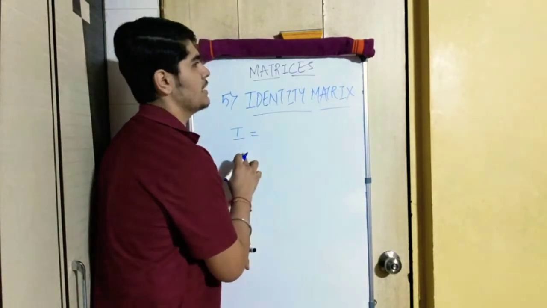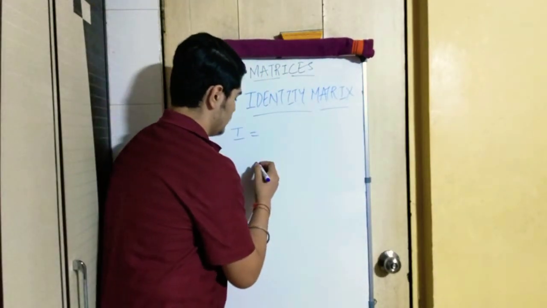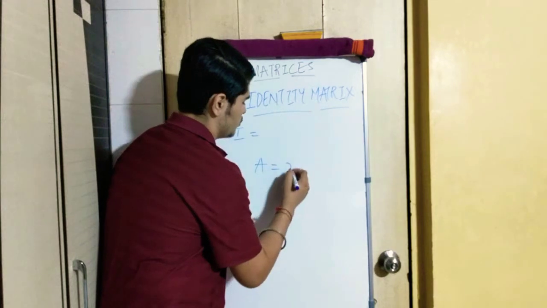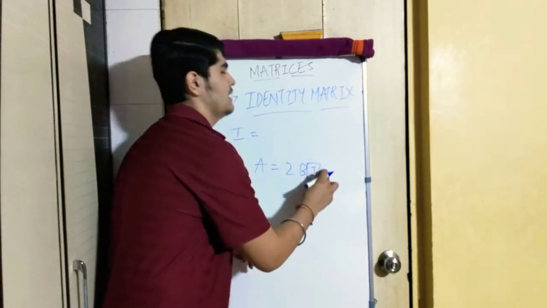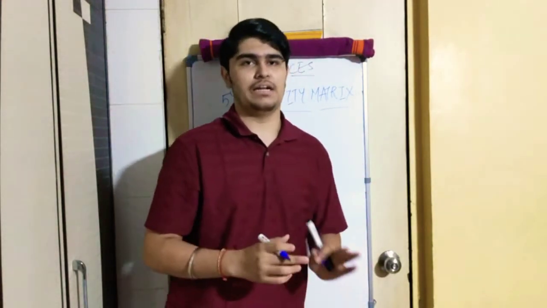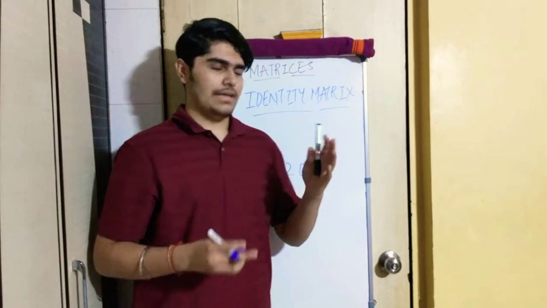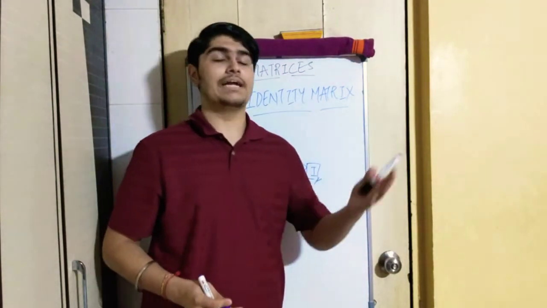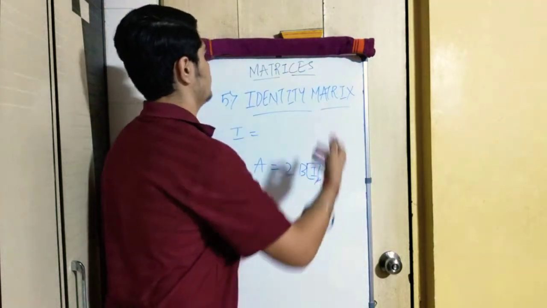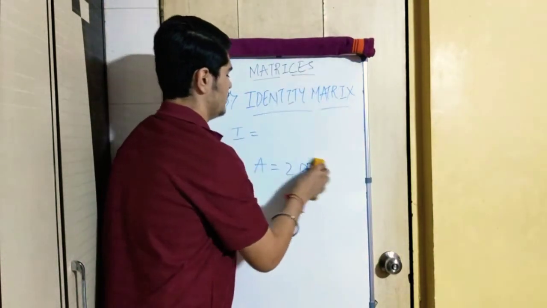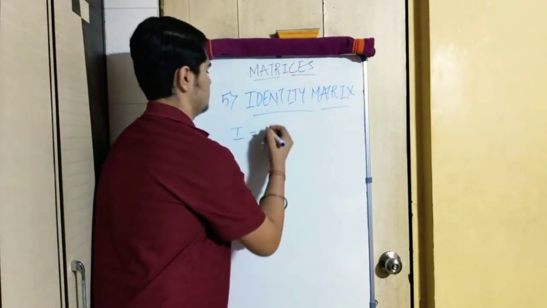You have to name it as I. Even in a question, sometimes the equation is like A is equal to 2I, where I is the identity matrix. These types of equations we will learn in exercise 2.2 and 2.3, means the second and third exercise. But in the first exercise we are concerned only with some basic equation solving.